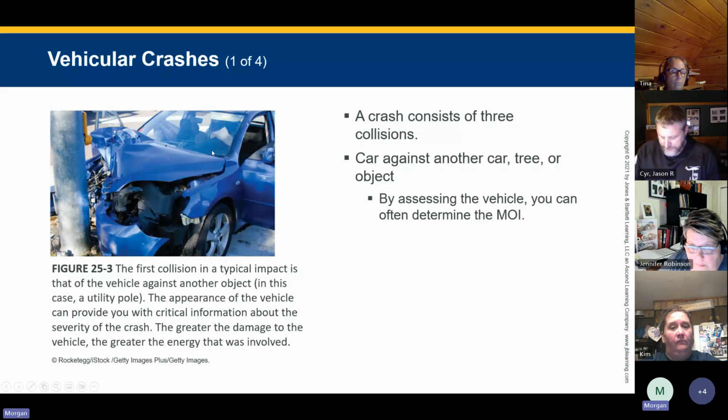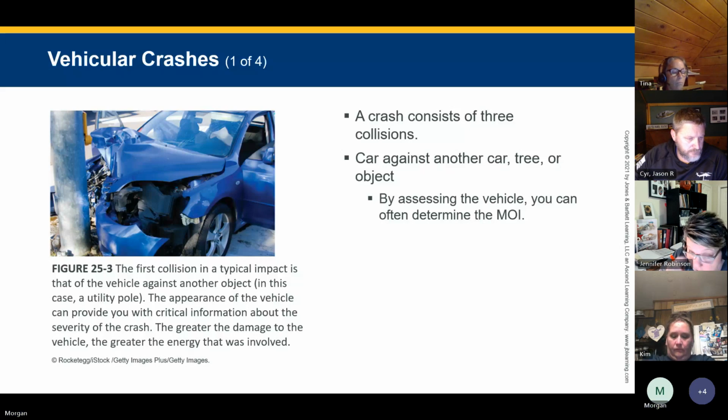Then the body will hit, let's say, the steering wheel or the airbag, or if they're seatbelted, that is another collision. And then the internal organs or the brain get rattled around inside, and that would be the third collision. So again, by assessing the vehicle, you can determine the mechanism of injury.